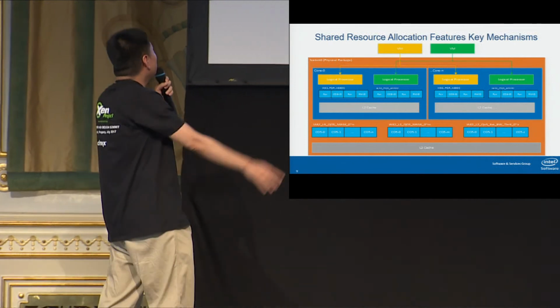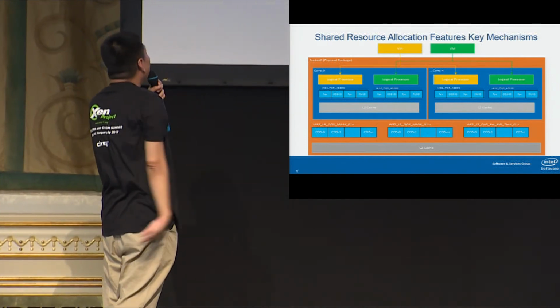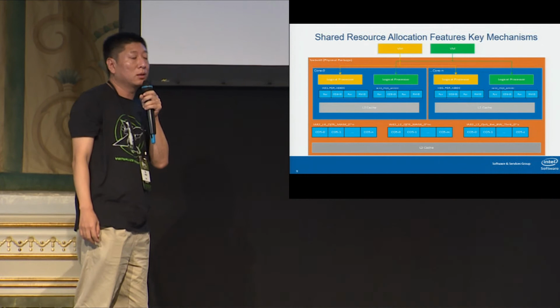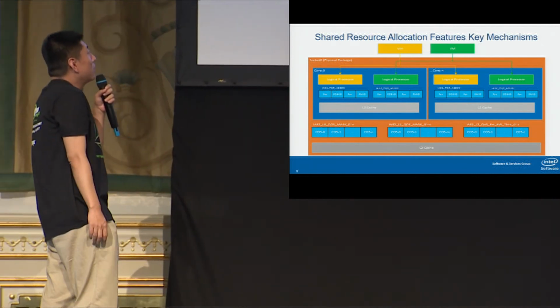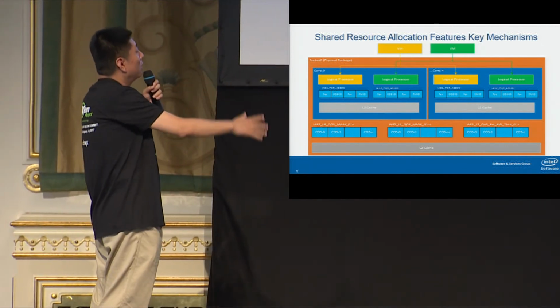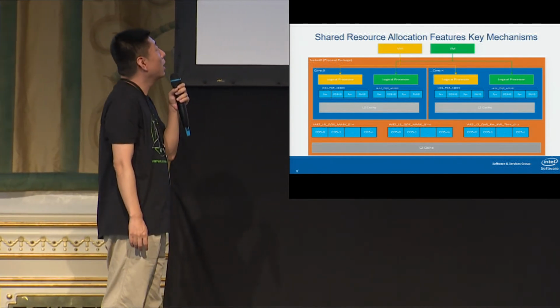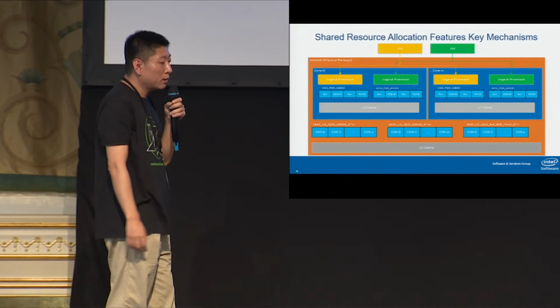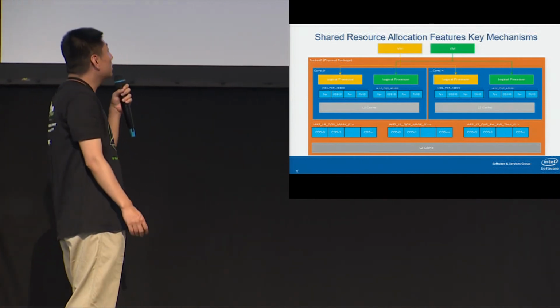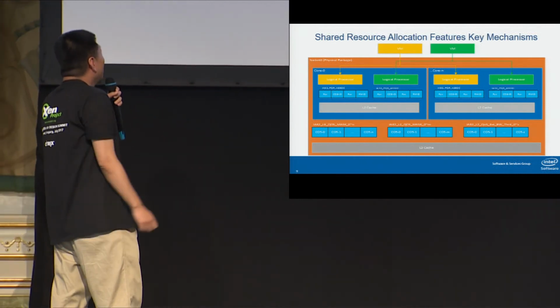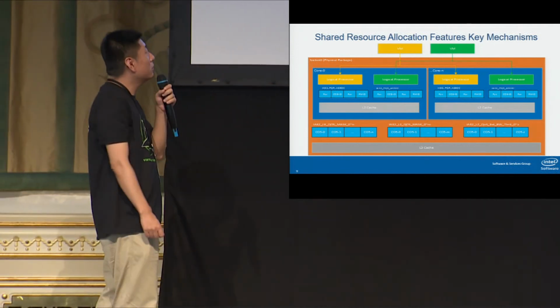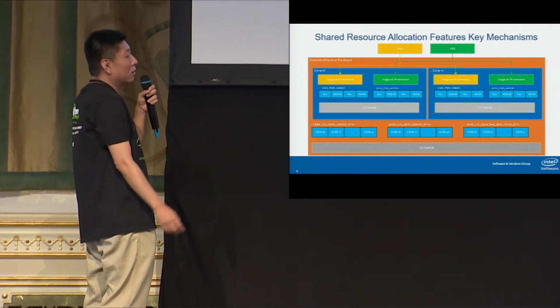Then all these mask MSRs will take effect. One thing is that different RDT features can take effect simultaneously, and all of these different RDT features share the same Class ID, although the maximum Class ID value for different RDT features can differ.